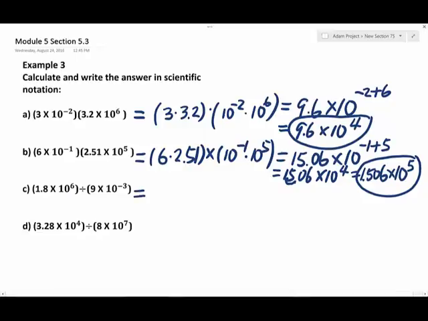Okay, so let's take a look at division of scientific notation. 1.8 times 10 to the 6 divided by 9 times 10 to negative 3. So similarly, we're going to separate 1.8 divided by 9, and times 10 to the 6 divided by 10 to negative 3.